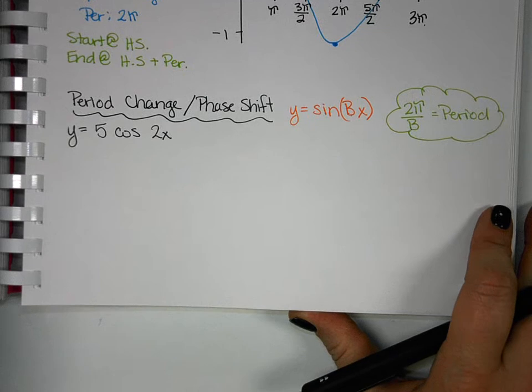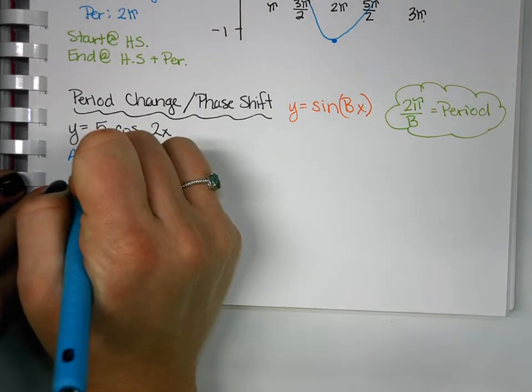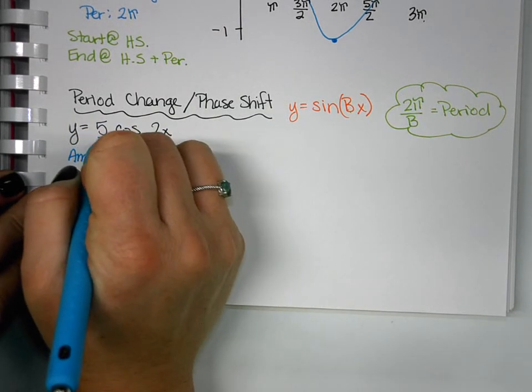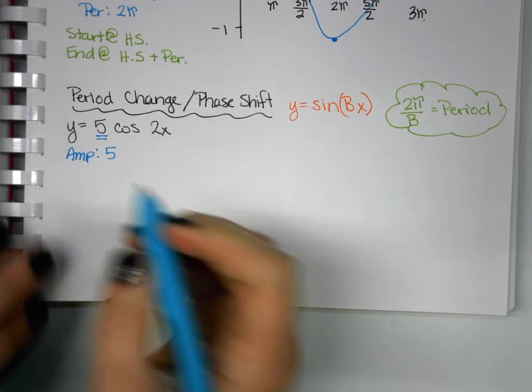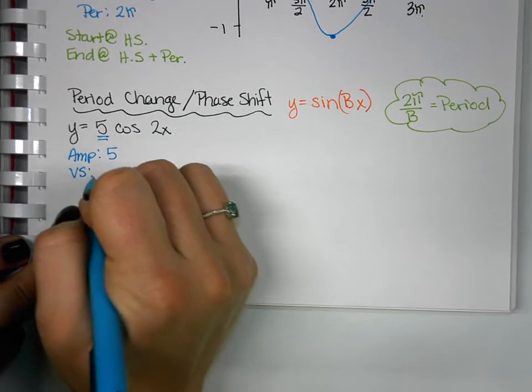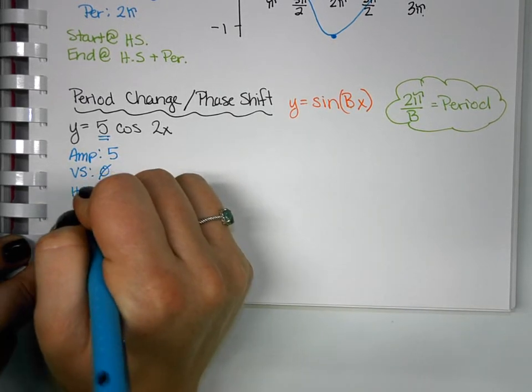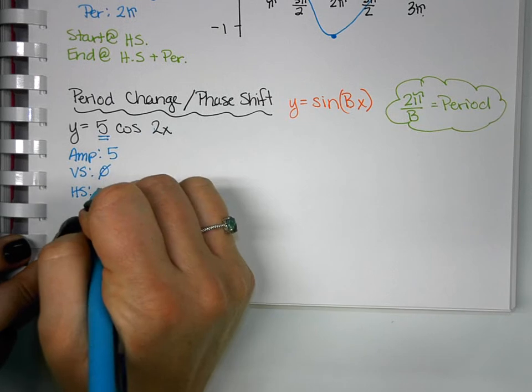Okay, so we're going to make our list just like we did before. So we have our amplitude that we're going to look at, which we can say because of that number there is 5. Vertical shift, there's nothing being added outside, so we don't have one. There's nothing being subtracted inside, so we don't have one.